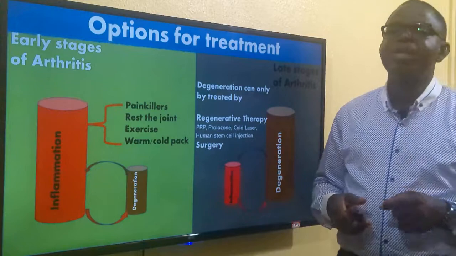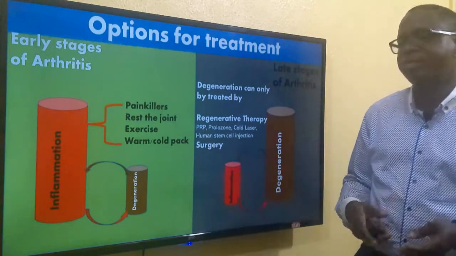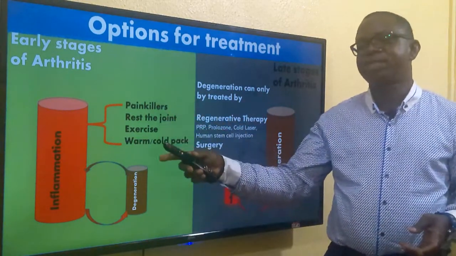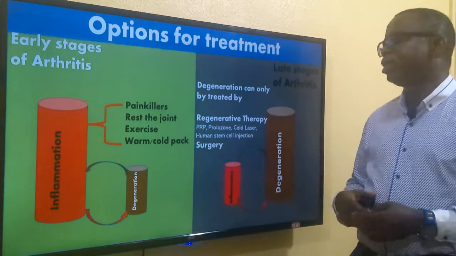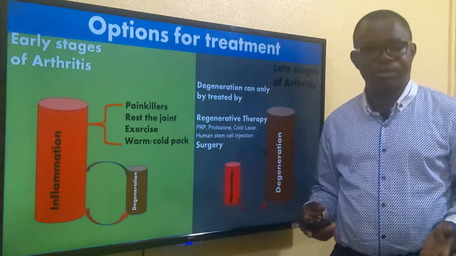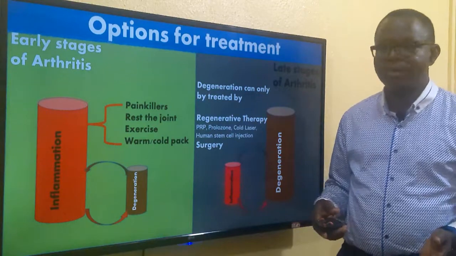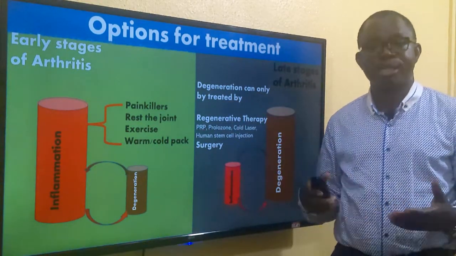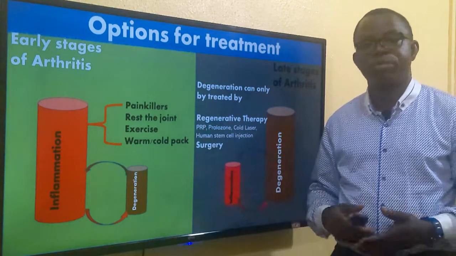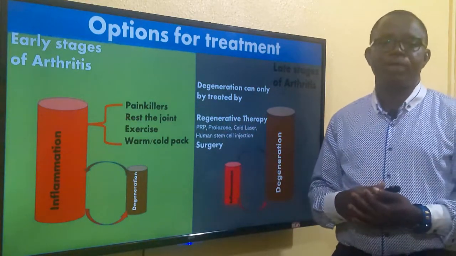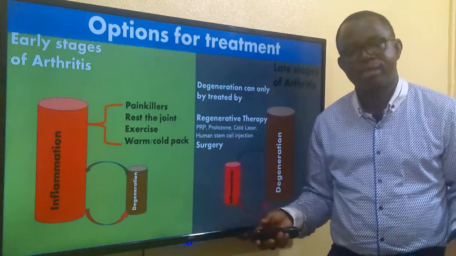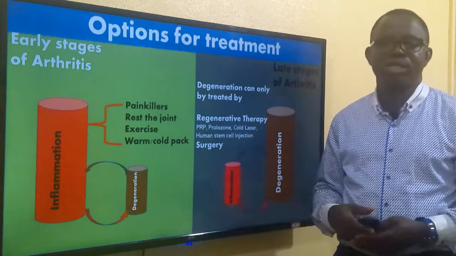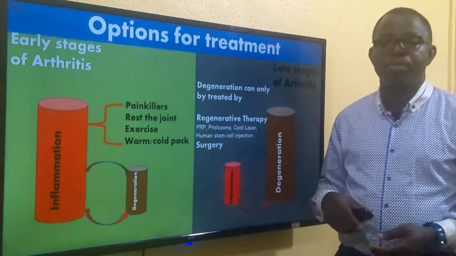But where many of us commit a huge error is to still use this same treatment when degeneration has become predominant. Even at this stage, the best you can get with these medications is momentary relief of the pain for a few days, highest one week, if it's up to that, and it will come back again.